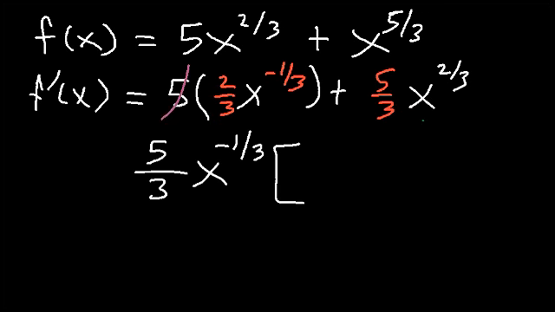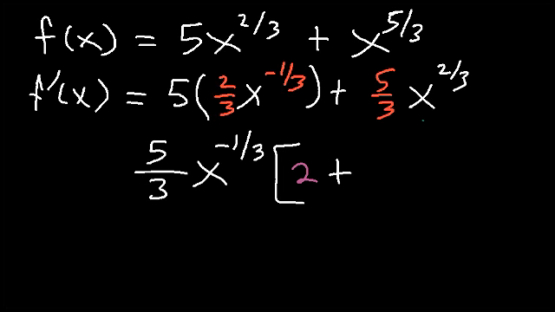So here we took out a 5, we took out a 3, and we took out this whole thing. So all we have left over is the 2.